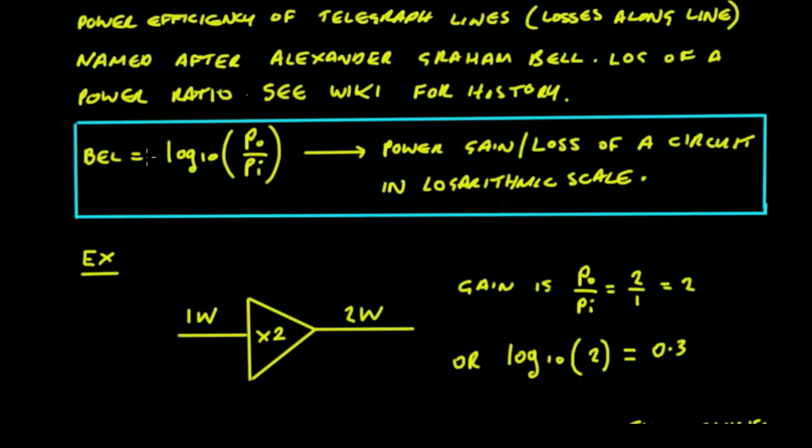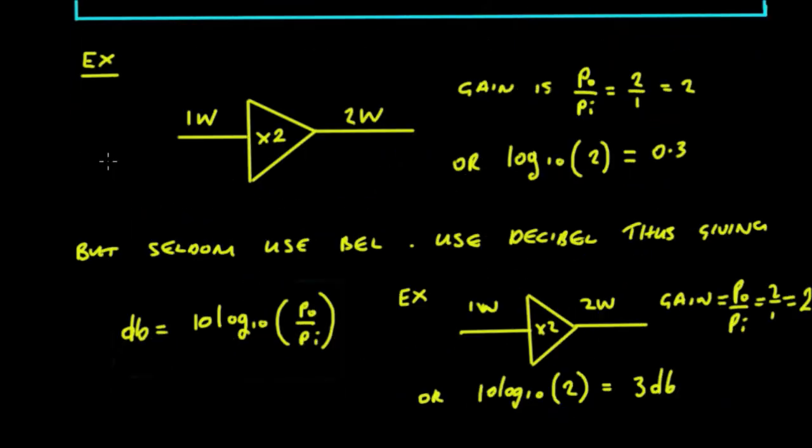The Bell is defined as log to the base 10 of the power ratio, power out upon power in. Okay, so that's power gain, or loss. So if it was a positive number, it would be a gain. If it was a negative number, it would be a loss of a circuit in a logarithmic scale. So an example here, we have a gain times 2, so that's times 2 in terms of power, so we're putting in 1 watt, we get 2 watts out.